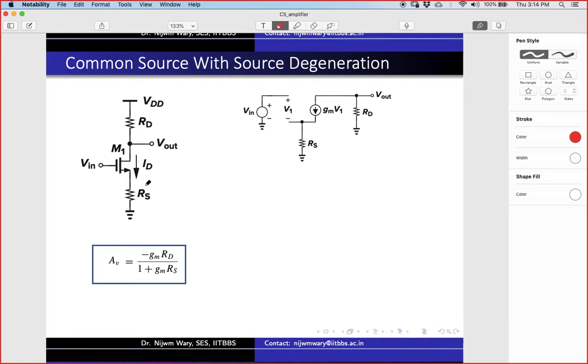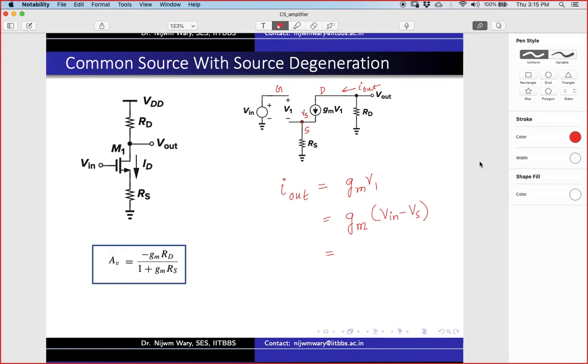So if we have this source degeneration, how does the gain change? Again we'll be writing the MOSFET here. This is my MOSFET. Let's call this voltage Vs. What is V1? This voltage V1 is Vin minus Vs. Now I can write this Vs in terms of I out and Rs, right?